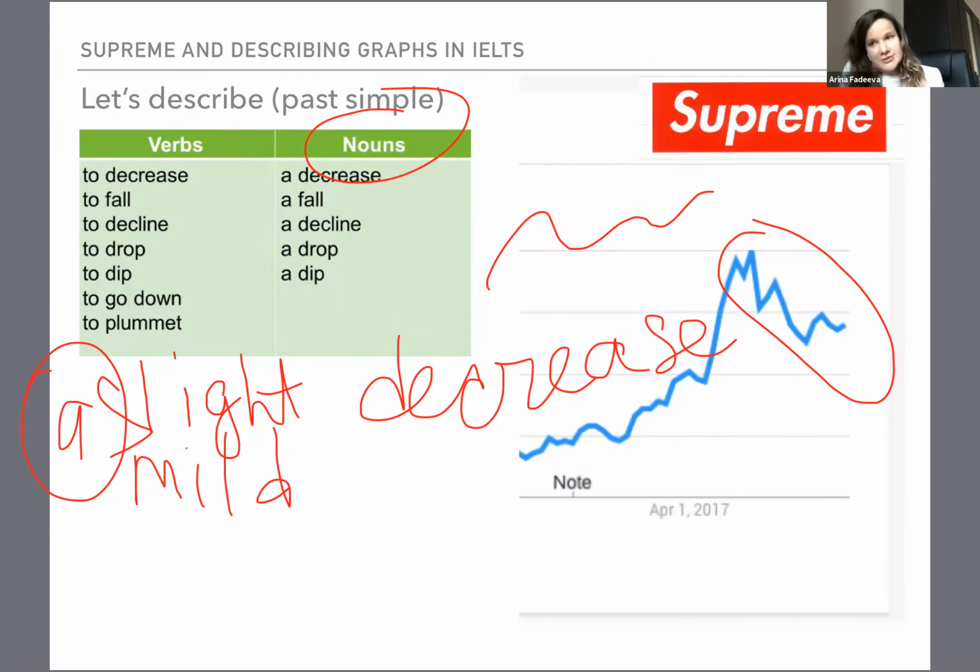What you need to do here, to get a great score on vocabulary and on grammar both, is to mix verbs and nouns. And if you use adverbs, slightly, mildly, or adjectives with the nouns like slight, mild, apparent, it would be much better for a higher score. It's going to be 7+.